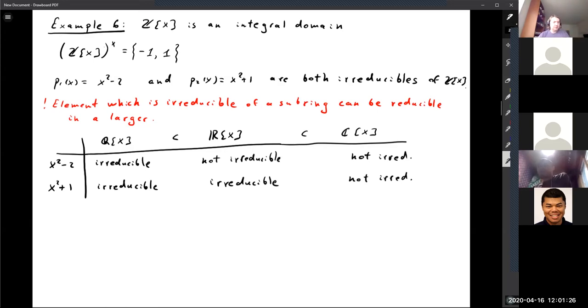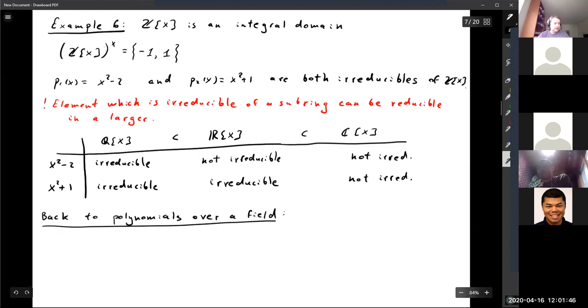So let's move back to polynomials over a field. Let's conclude our generality back to polynomials over a field. The short lemma would be as follows.